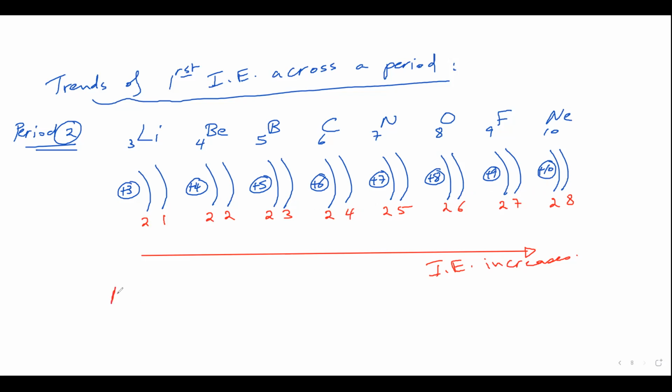So the number of protons increases across a period, and we have the same shielding effect. The number of electrons that shield the effect of the nucleus from the outermost shell is the same, because in all of them, we have only one shell filled by 2 electrons, and then the second shell where we add more electrons.